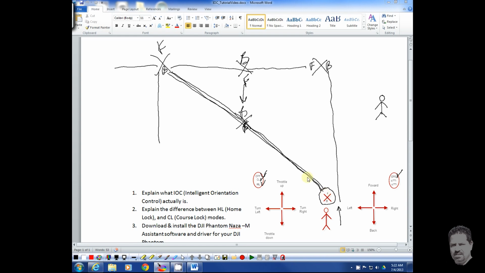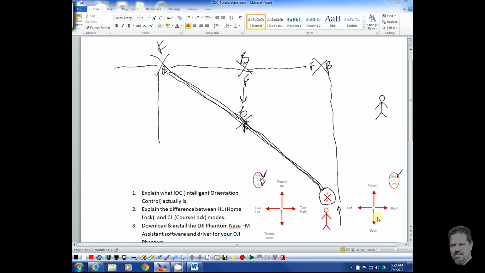Typically this is not going to happen, because what you do is you get it close enough to where, okay, I've reestablished orientation. I take it off of home lock and just switch it back to off and continue flying the way I was before. Once you've reestablished your orientation, you don't need to get it all the way back to its starting point. I'm going to reestablish orientation long before I get back to my starting point. At that point, I switch it back to off and then just continue my flying.